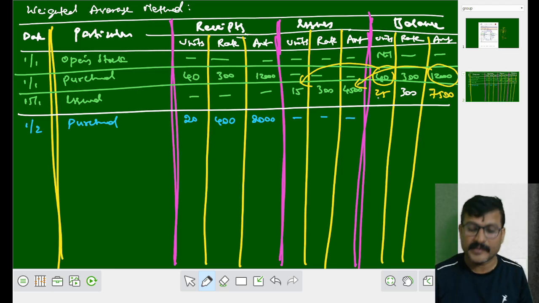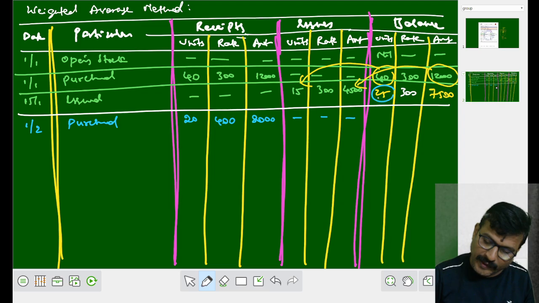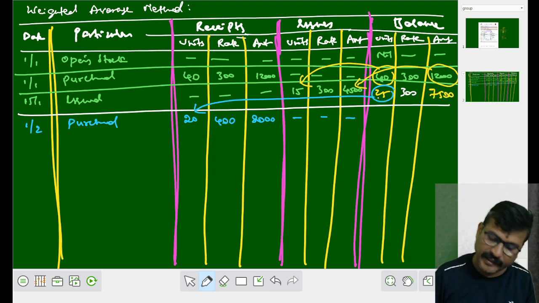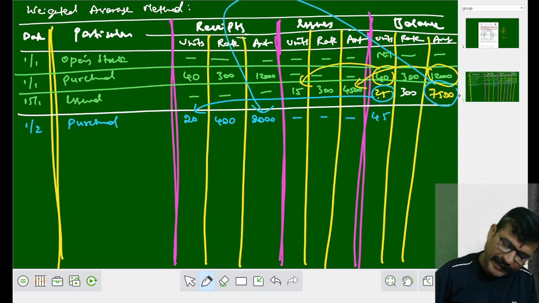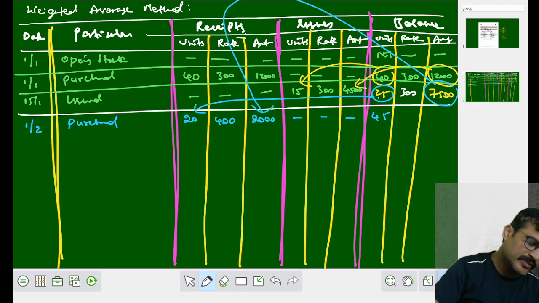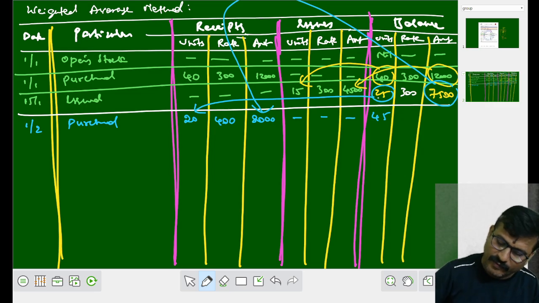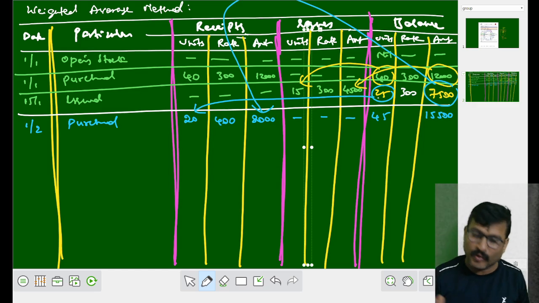See here what happened. 25 were there, 20 purchased. 25 plus 20 means it comes to 45. Similarly, the 7,500 came, please listen, 7,500 add 8,000, it comes to rupees 15,500. Did you understand? Now we have to work out the rate.